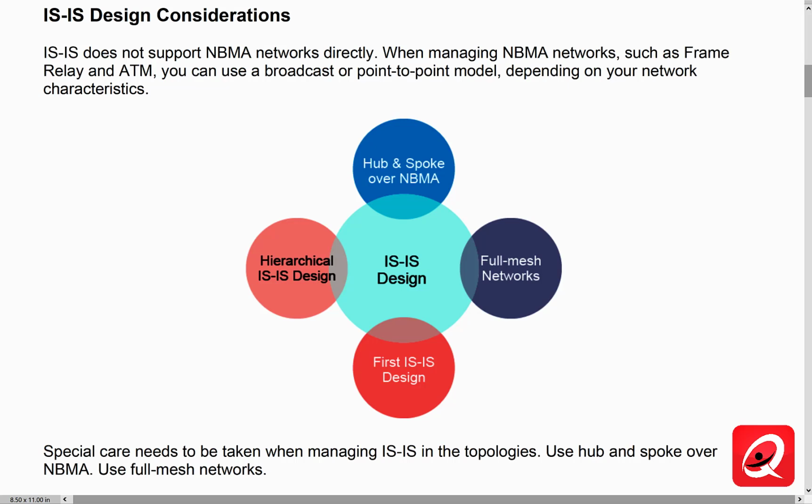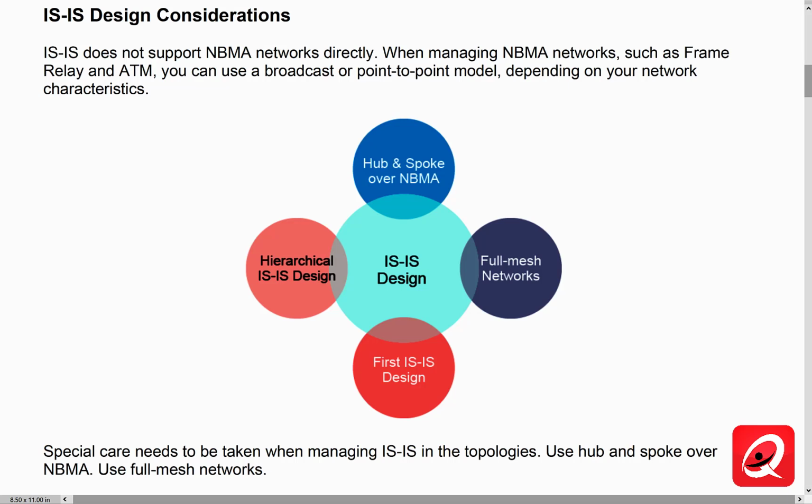All right. So generally, the rule of thumb is let's build for the future, right? Let's build the network with hierarchy in mind, even if we're not using it today, we might decide to use it in the future. And I think that's why, for the most part, Cisco routers default to L1-L2, because that provides that hierarchy built in.